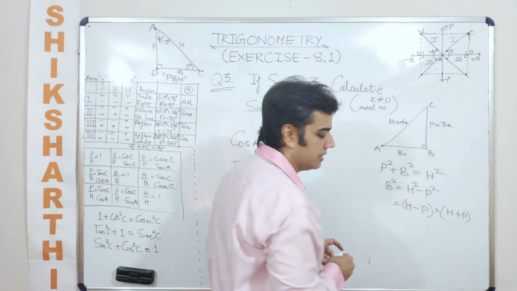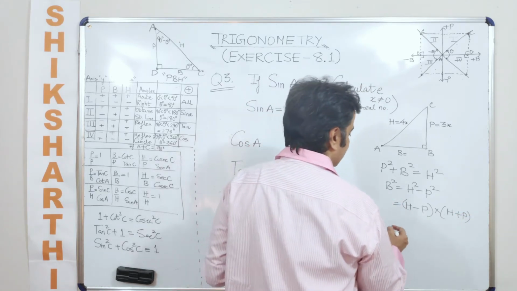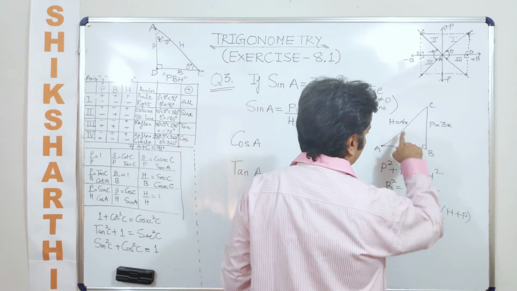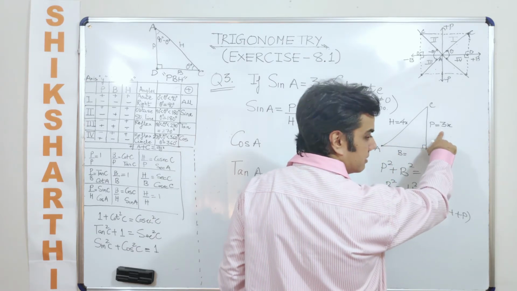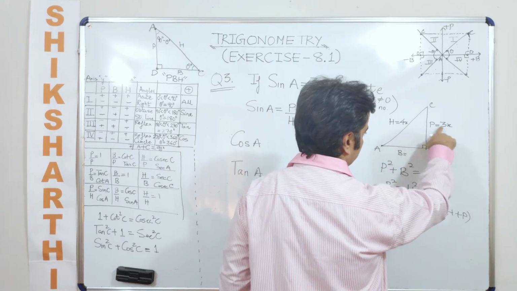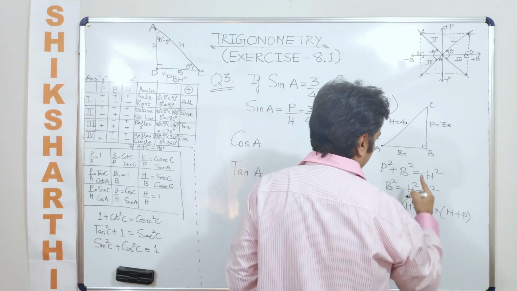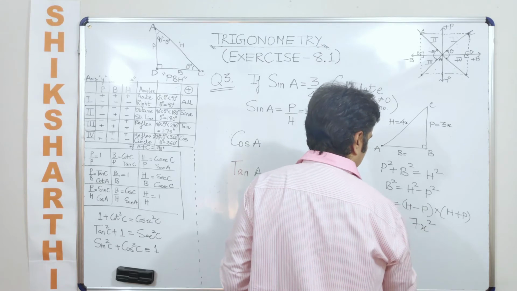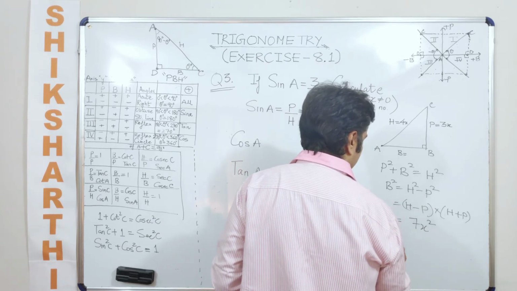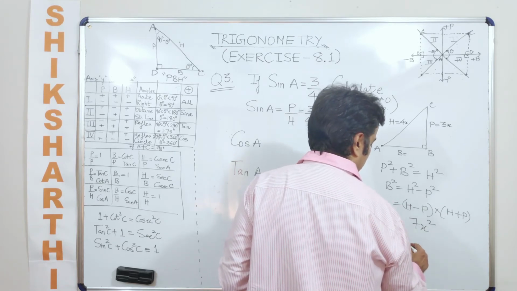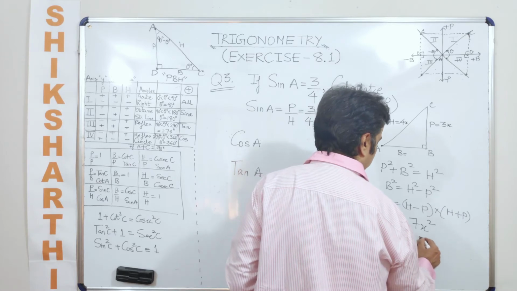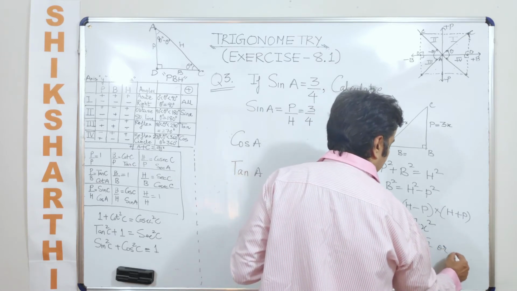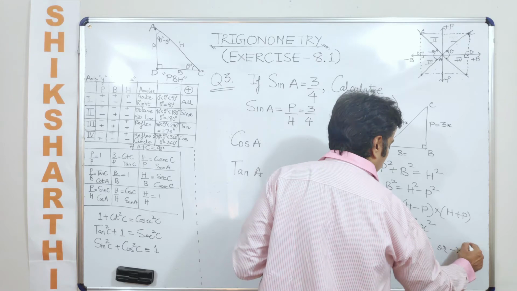So once you have written this, you know that 4x minus 3x is 1x and 4x plus 3x is 7x. So we are basically saying this is 7x square. We are saying b square. So in that case, the value of b becomes plus x root 7, or it becomes minus x root 7.